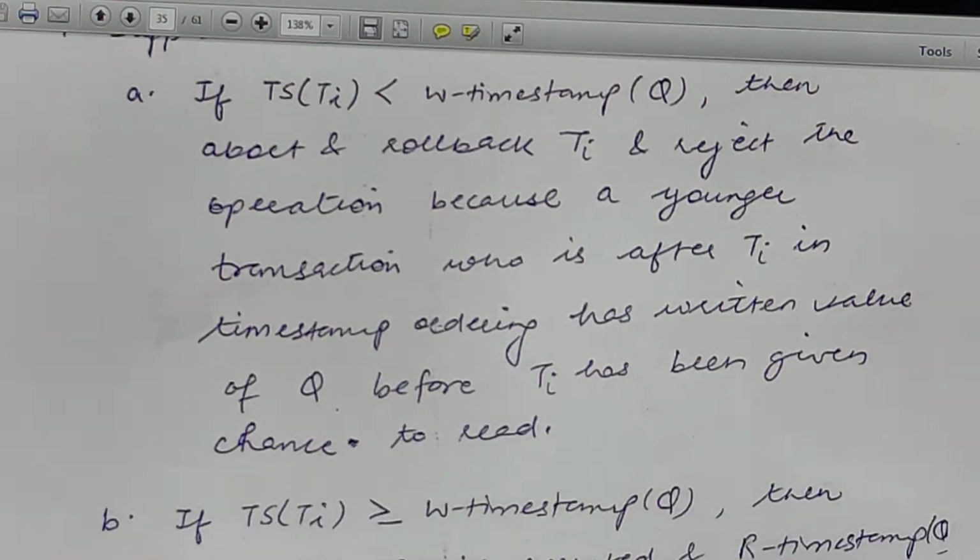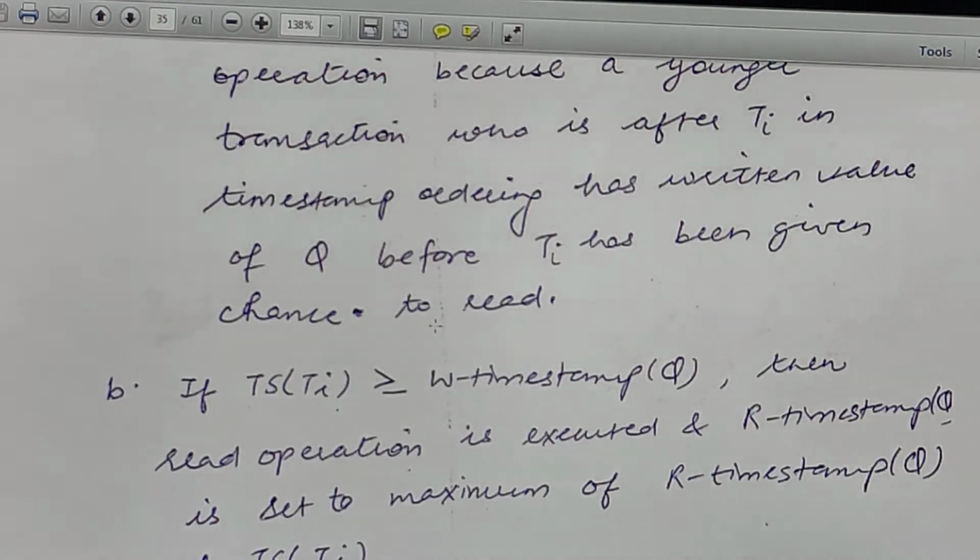Otherwise, if TS(Ti) is greater than the W timestamp of Q, then the read operation is executed and the R timestamp of Q is set to the maximum of the R timestamp of Q and TS(Ti).